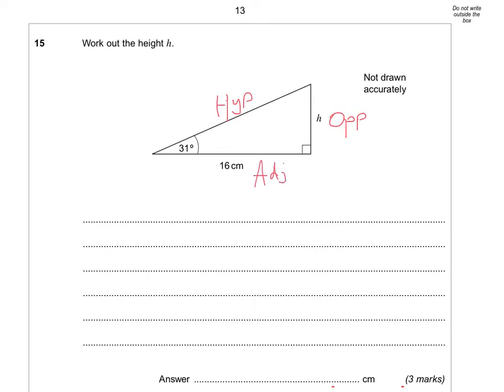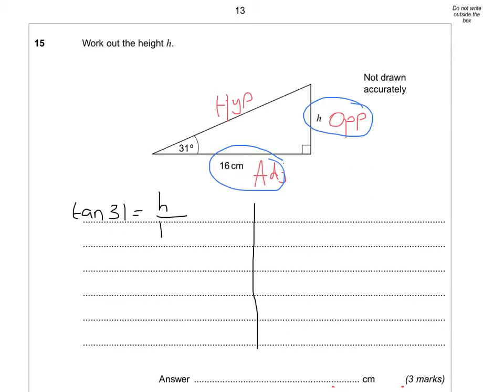Now, I'm dealing with the adjacent, which I know, and I'm trying to find the opposite, which means that this is a tan question. Now, different people will do this question in slightly different ways. So, some people are quite happy to say tan 31 is equal to the opposite, which is h divided by 16. So, rearranging this equation, which will give us h equals 16 multiplied by tan 31.